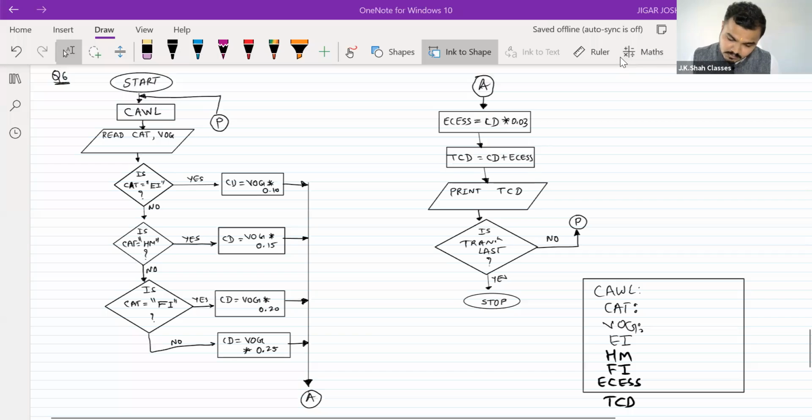Sir, full form of EI is electronic item, HM is heavy machinery, FI is footwear items, and TCD refers to total custom duty.